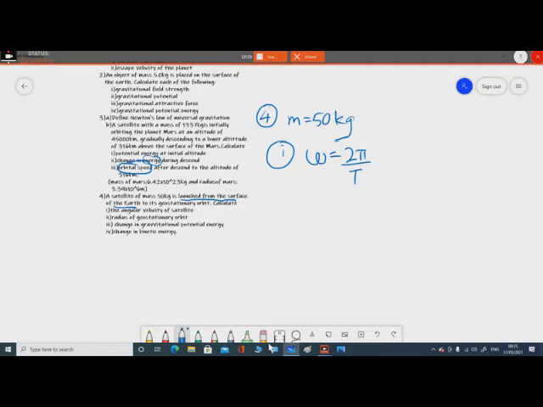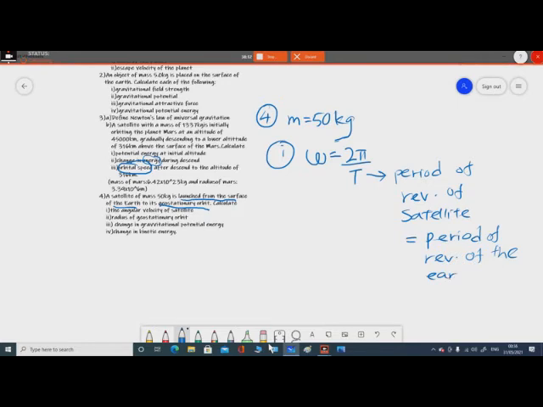Since the satellite is in a geostationary orbit, as we discussed in the previous video, the period of revolution of the satellite is equal to the period of revolution of the Earth for one complete circle, which means 1 day.